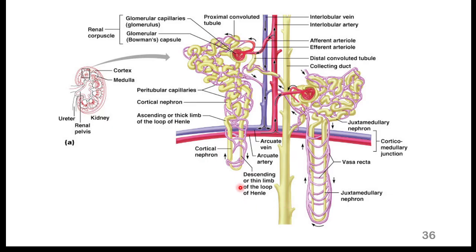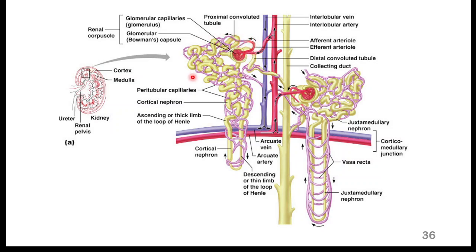All right, so this cartoon shows what we're talking about. All right, so we can see this is a juxtamedullary nephron to our right. The first one on the left here is a cortical nephron. All right, so we can see the afferent arteriole here entering into the glomerulus, and we can see the efferent.